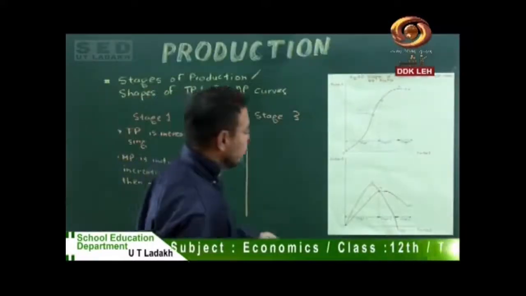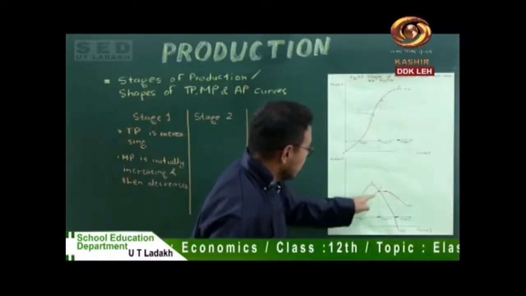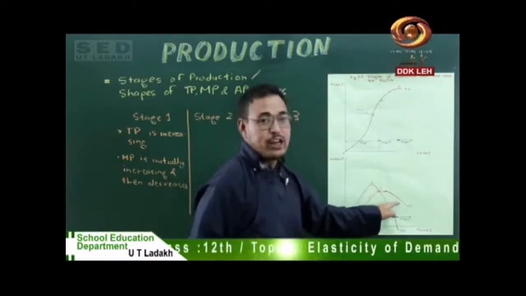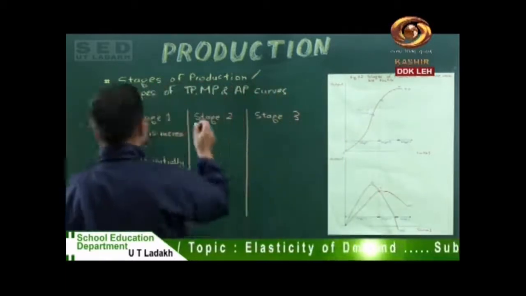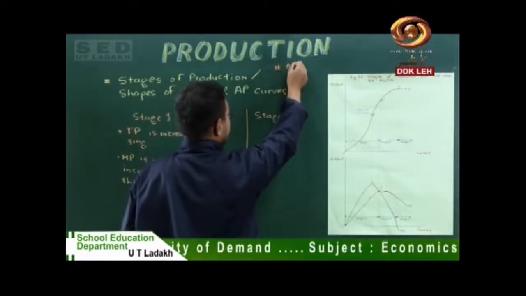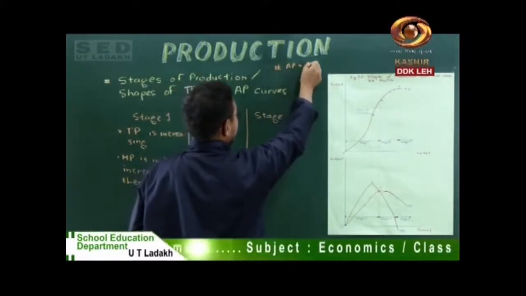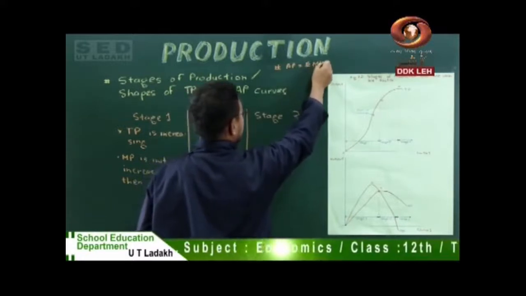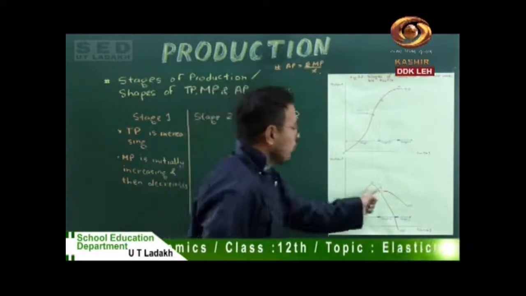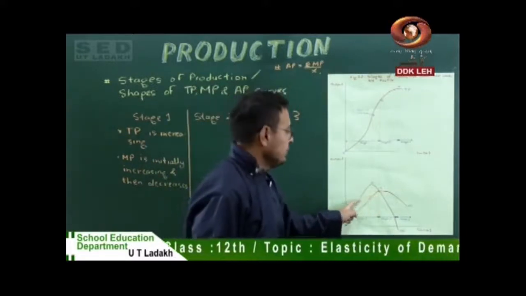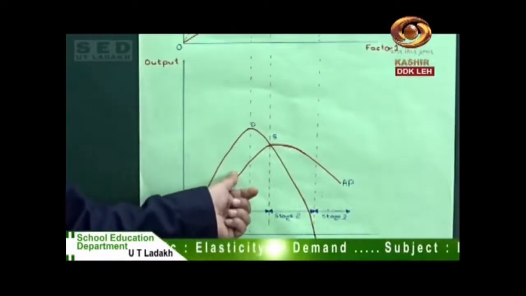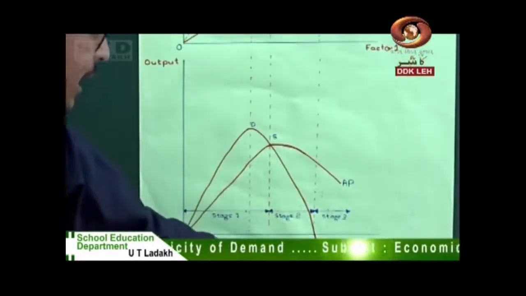Now the third is, what is the shape of AP? What is your average product as a whole? If I write it here, AP is simply the average of your summation of marginal products by X1. Being the average, it follows the same pattern, but the magnitude might be much lower than MP.